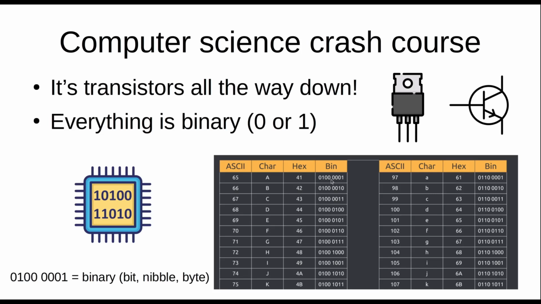And specifically, it's an 8-bit sequence, because every 1 or 0 in this sequence is called a bit. 4 bits are a nibble, and 8 bits are a byte. And so if you type capital A in your computer, what is stored in the RAM is 0100 0001.